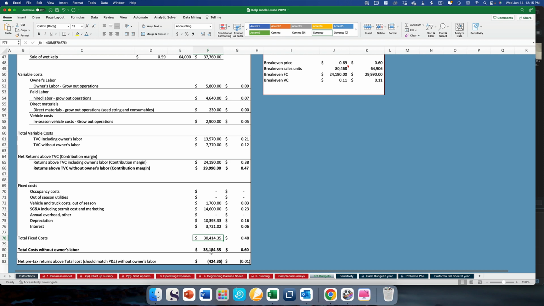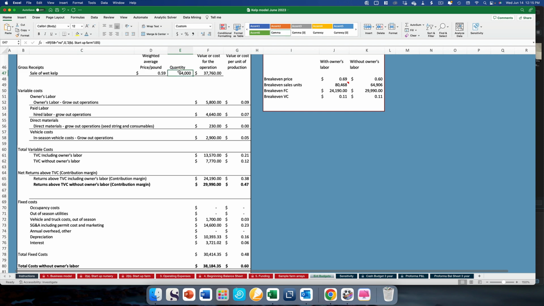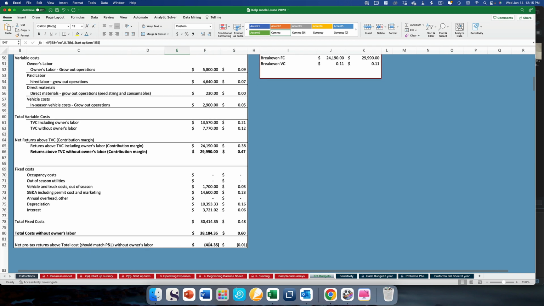We are making a little bit of a loss. Okay, so we're selling 64,000 units, pounds of kelp, and we're making a little bit of a loss.